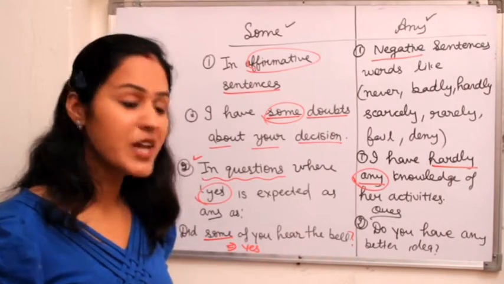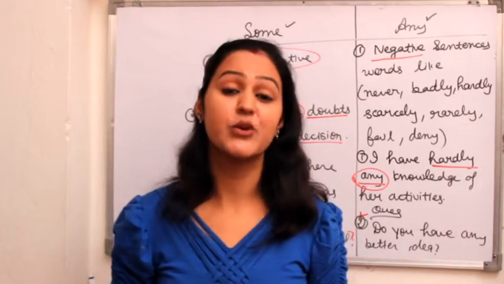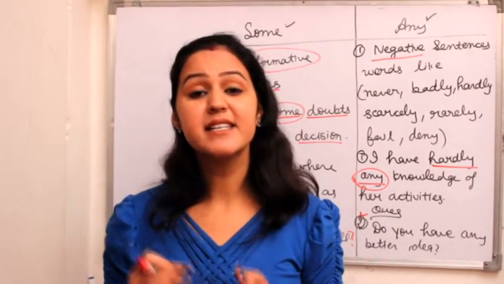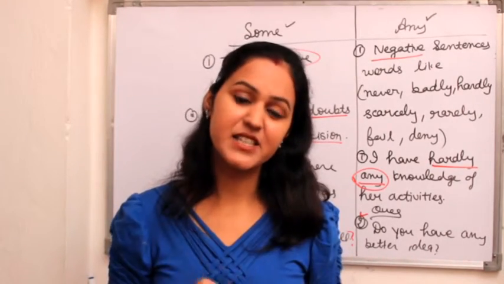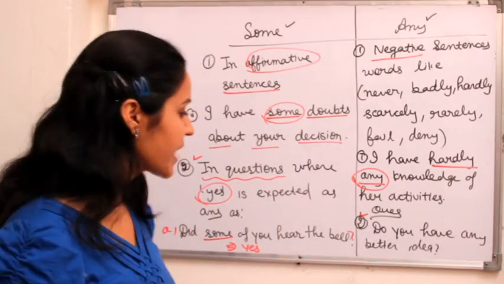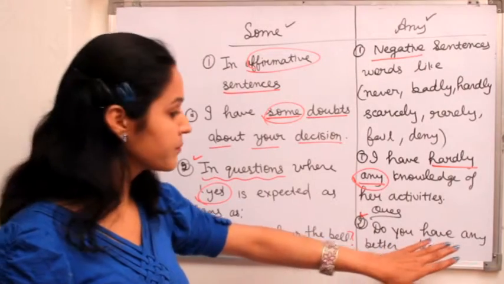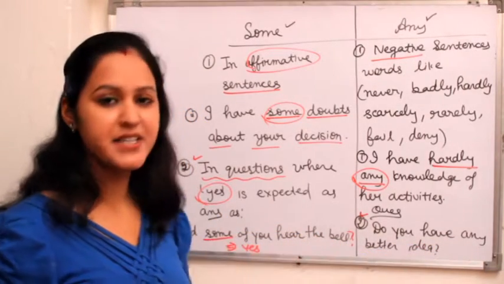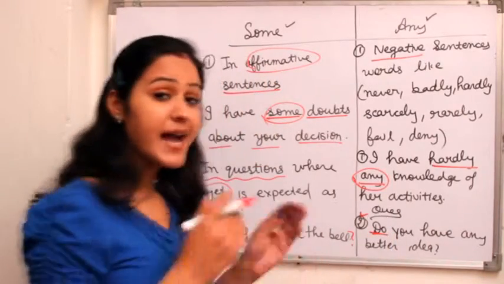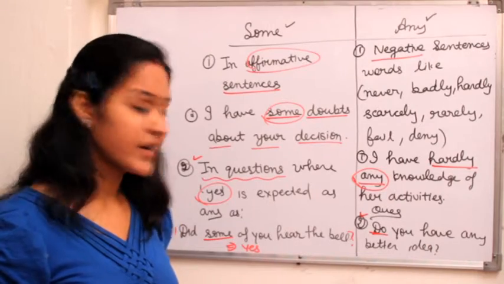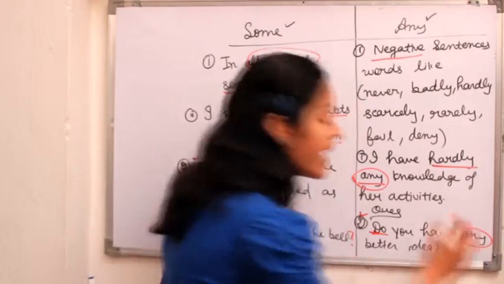Clear, friends? So now I write here in some questions. You can use any in some questions where the reply must be in negative form. Just like I write here, do you have any better idea? It is a question, and I utilize here any.